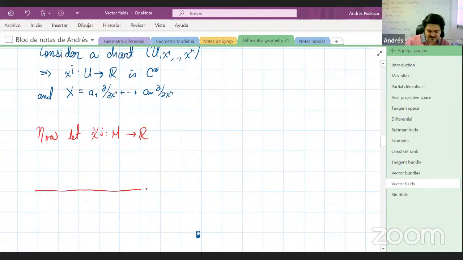Imagine that here I have M. I have U, and somewhere here is my function xj.